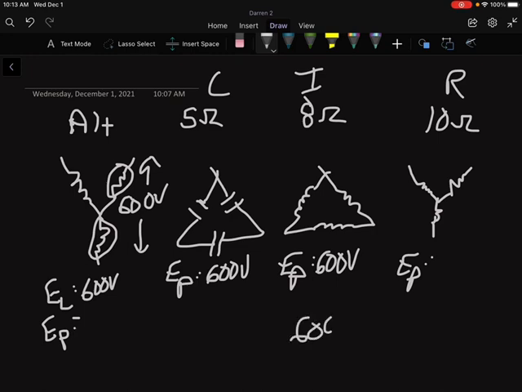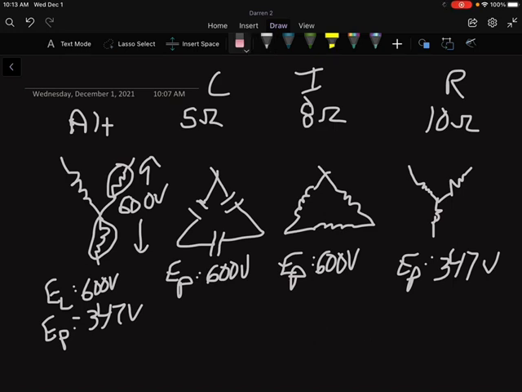So 600 divided by root 3, which is 346.4. For ease, we'll keep it at 347 volts at my alternator, and then we also have 347 volts over at our resistive load.